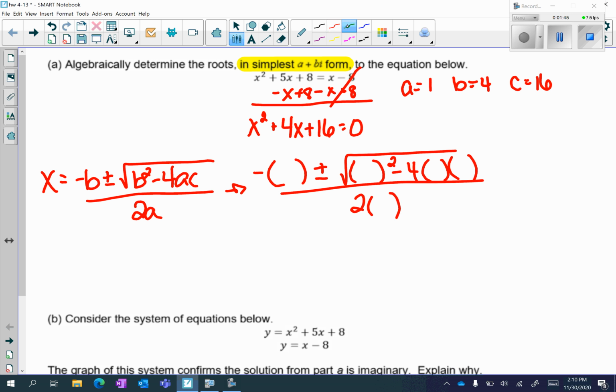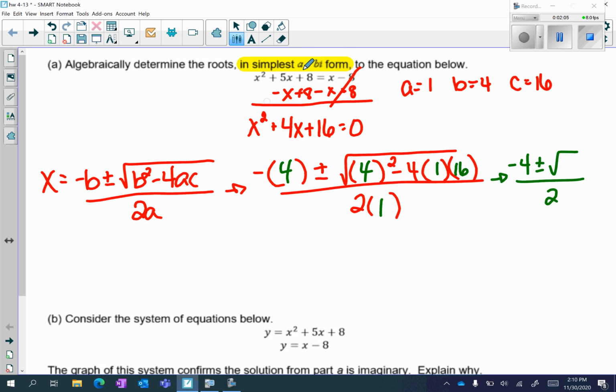So I can plug in b is 4, a is 1, and c is 16. I have a negative 4. I'll do my radical in the calculator in a second. And in my denominator, 2 times 1 gives me 2.